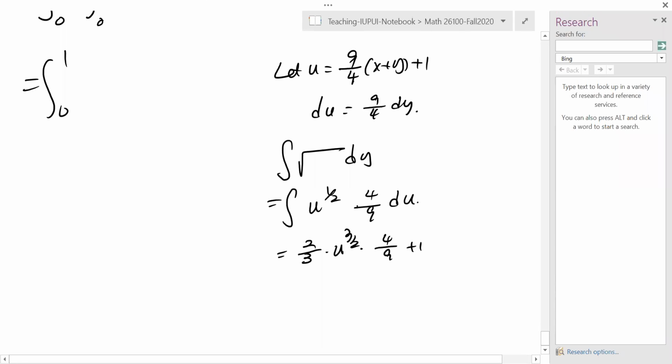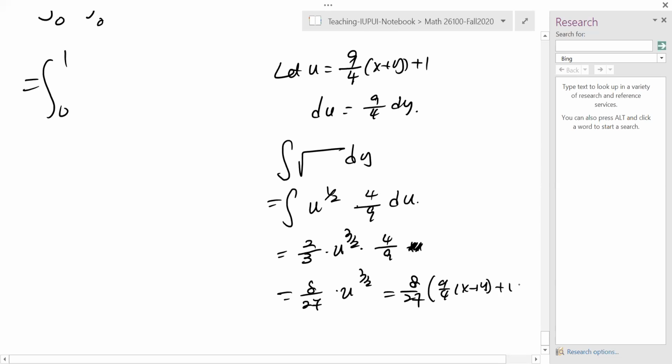That is 8/27, and then u to the 3/2. No constant, plus any constant, okay? So this is 8/27, and then you put the u back, 9/4 x plus y plus 1.